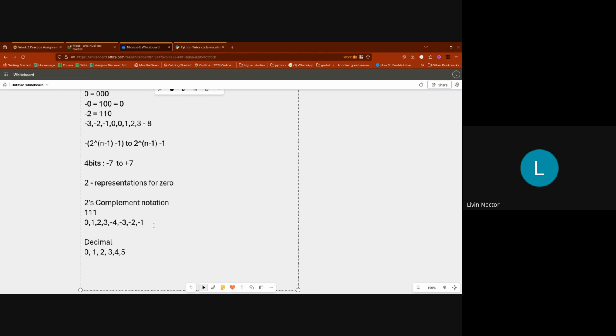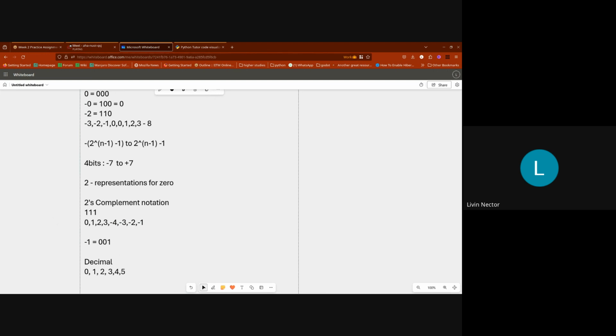Let us check. For example, if I want to represent minus 1, I write 1 with these 3 bits: 0, 0, 1, right? Then they introduced a two-step process, 2's complement.